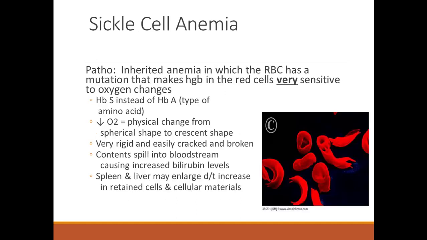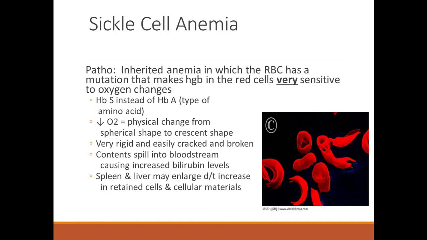All right, moving on to sickle cell anemia. Sickle cell, as you can see in this picture here, they're not the round, healthy, circular, disc-shaped red blood cells that red blood cells should be. They're sickle-shaped and they can clump together and catch up.